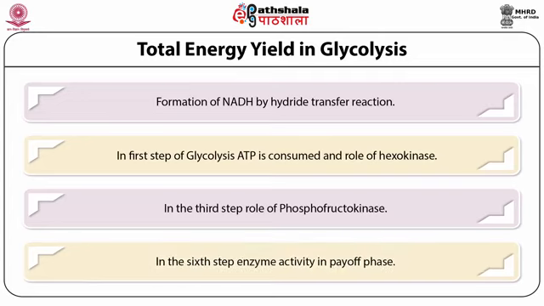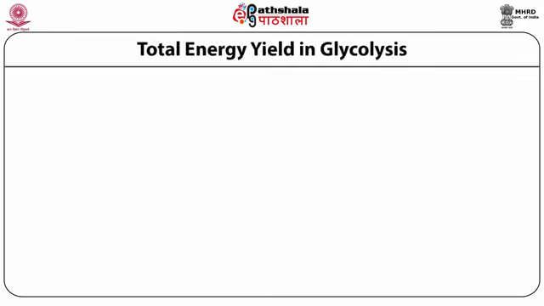The sixth reaction belongs to the payoff phase. By the enzyme glyceraldehyde 3-phosphate dehydrogenase, glyceraldehyde 3-phosphate is converted to 1,3-bisphosphoglycerate. Actually, the reaction consists of 4 steps.